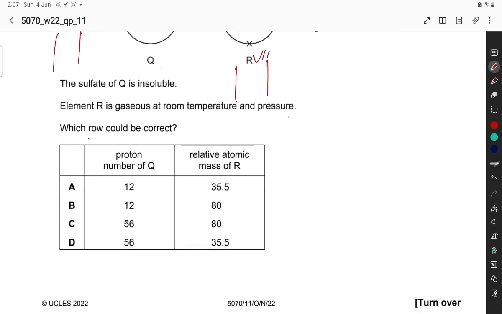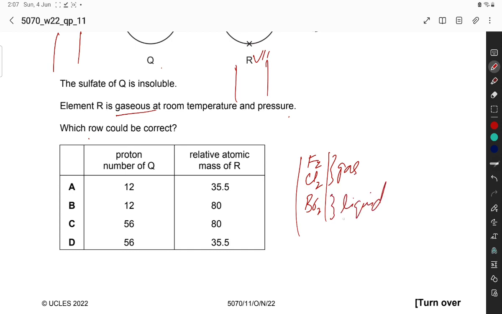Relative atomic mass. In group 7, fluorine is a gas, chlorine is a gas, bromine is a liquid, and iodine is a solid, astatine is also solid. So it could be chlorine, 35.5.